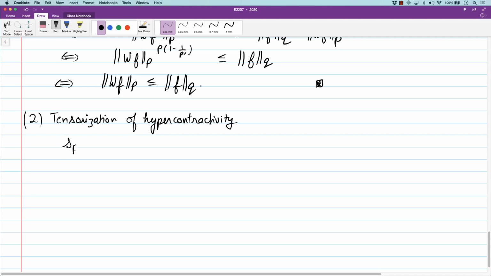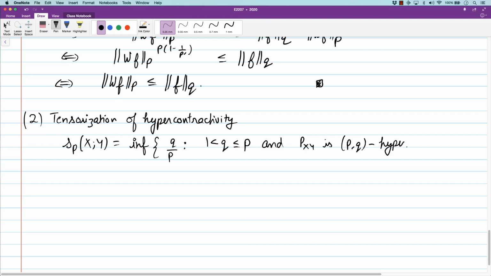In particular, remember this quantity S_p(X;Y) was defined as the least value of the ratio q by p, over all q exceeding 1 but less than or equal to p, such that the joint distribution P_XY is (p,q) hypercontractive. We had defined this quantity.